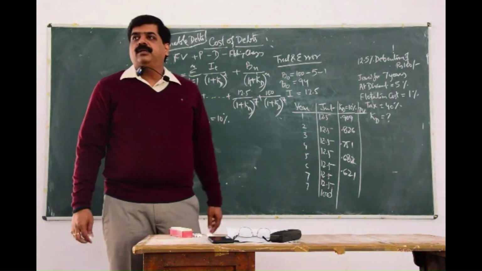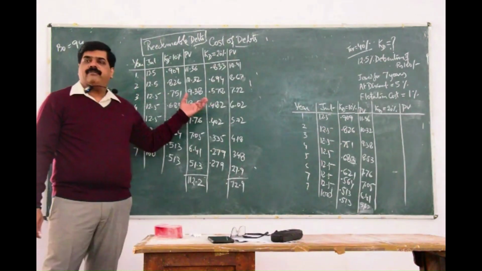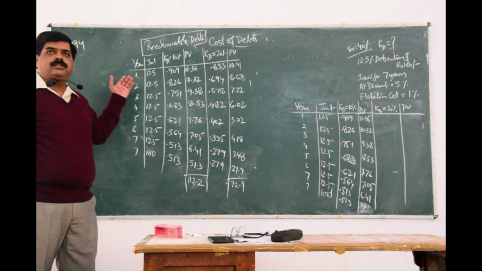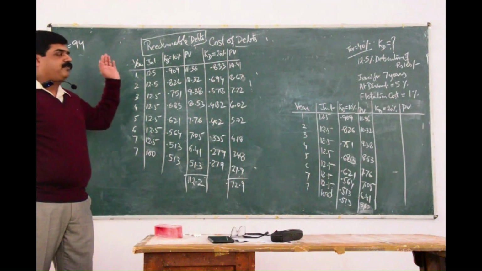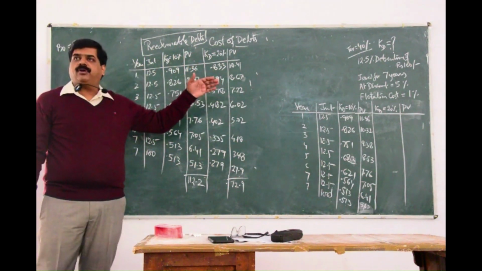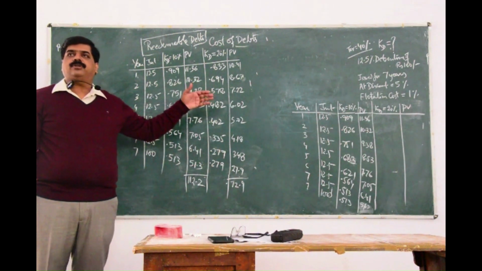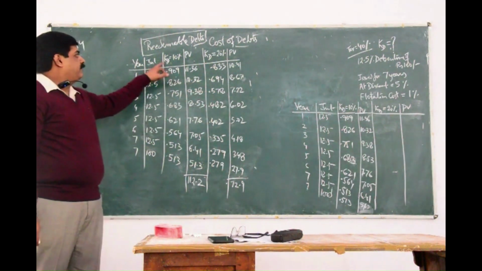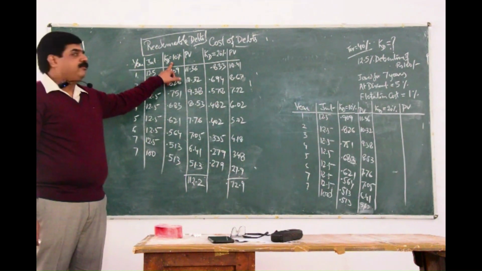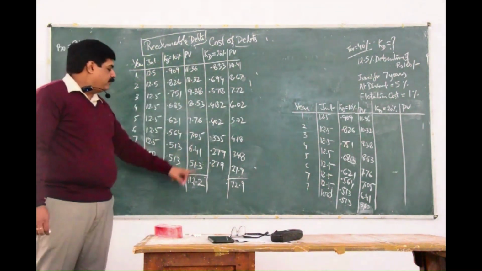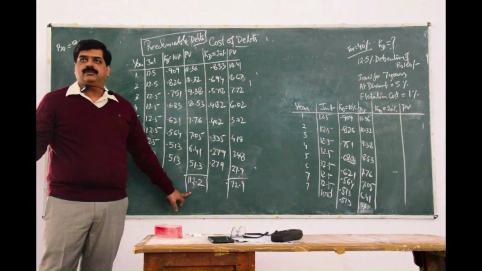So we are aware that the cost of debt or the issue price is 94. From the equation we have just drawn, we have to forecast or hit a percentage for the cost of debt. First we assumed KD value as 10, and when we calculated, the present value comes to 112.2, which is more than 94.